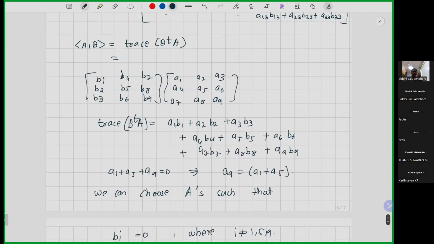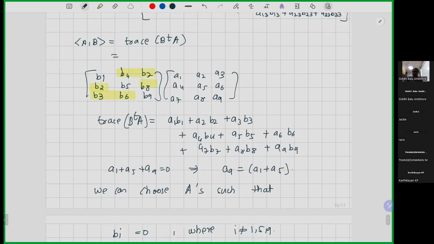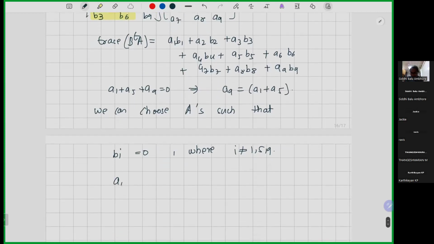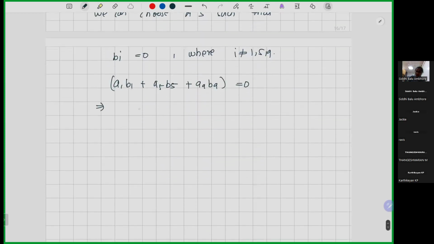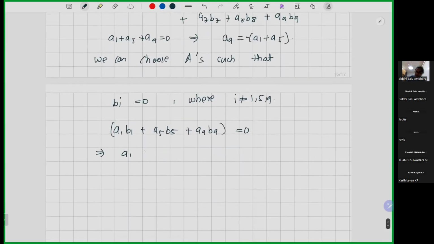So all these elements become 0, and then in that case what we remain with is A1 B1 plus A5 B5 plus A9 B9 is equal to 0. Okay, and this will give me what? Since A9 is minus A1 plus A5, I will get A1 B1 plus A5 B5 minus A1 B9 minus A5 B9 is equal to 0.